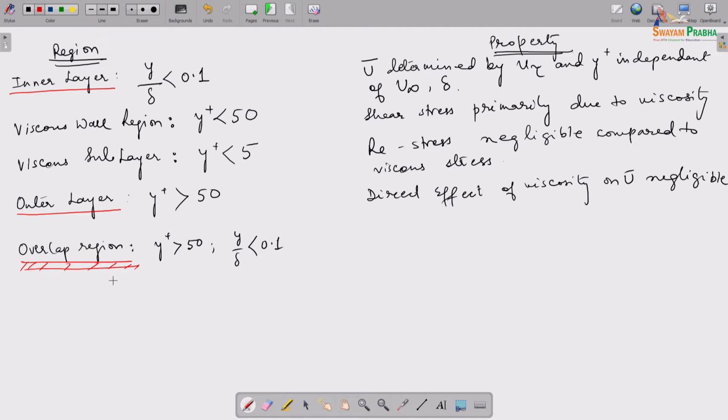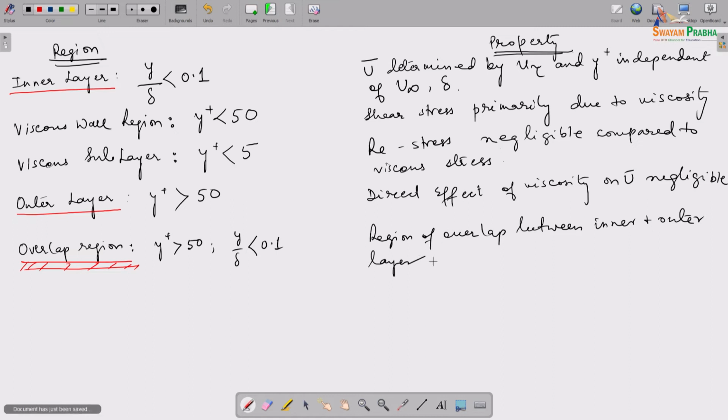This is the region of overlap between inner and outer layers at high Re.